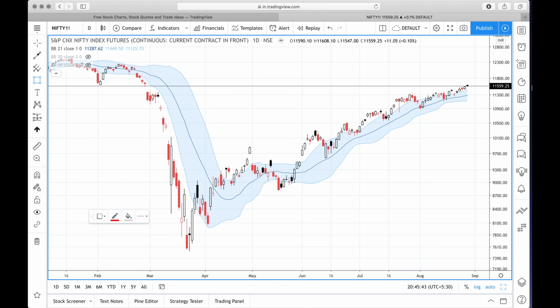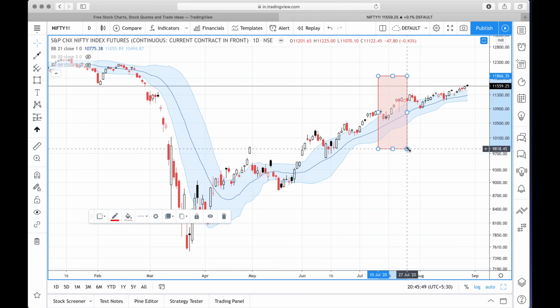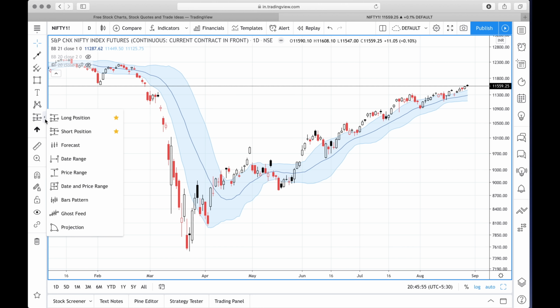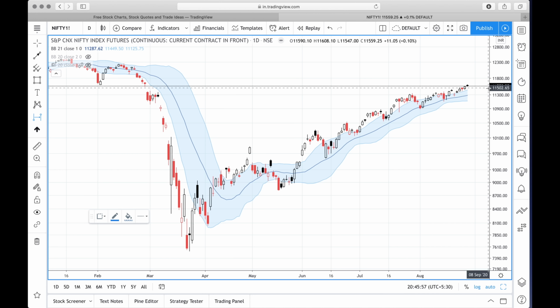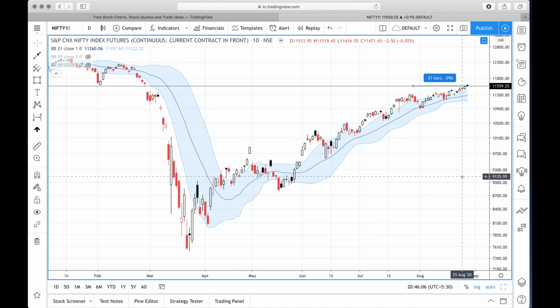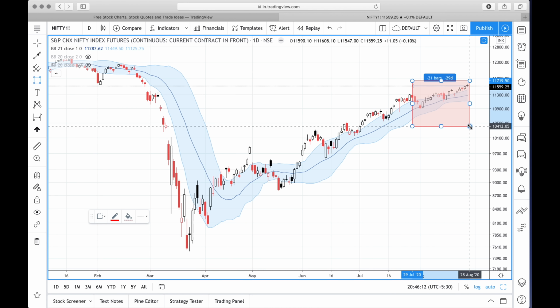So I won't be exact, but roughly, okay, now I think TradingView offers us very unique tools where I can find out 21 days, right? Yes, there you go. So this is 21 days. Now if I can mark it for you, this is what I'm talking about.